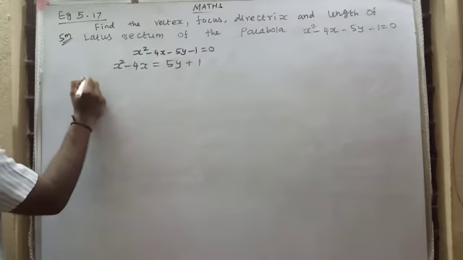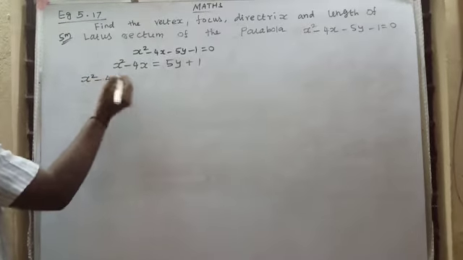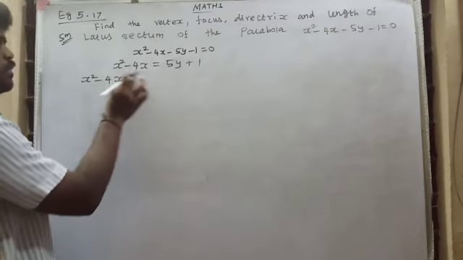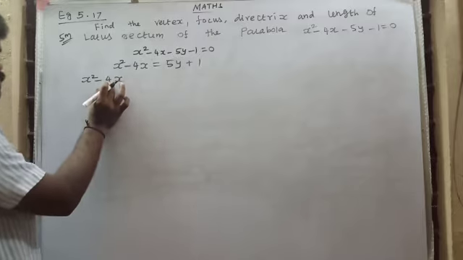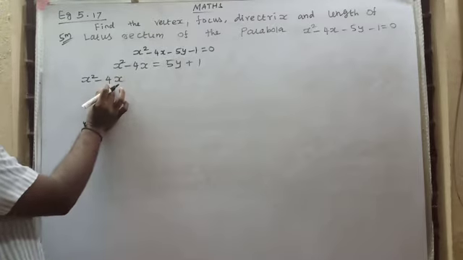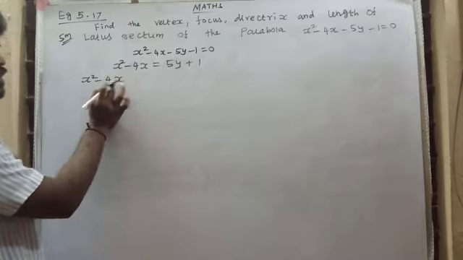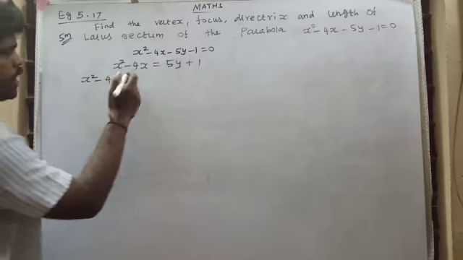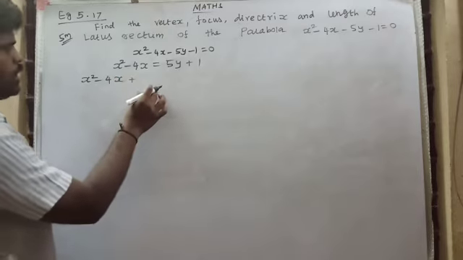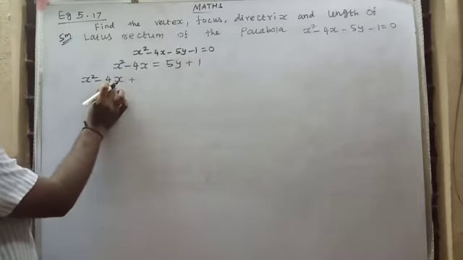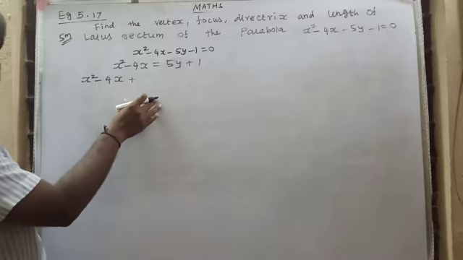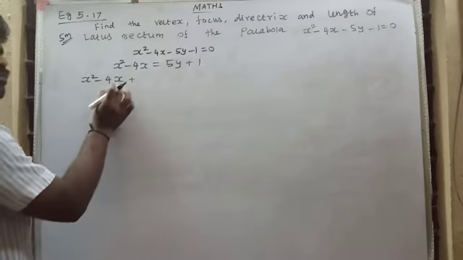For x² - 4x, we want to add a term. The coefficient of x is 4 and we divide by 2, which is 2. Here you want to add the square of this factor, because we want to write the formula for (a + b)² or (a - b)².